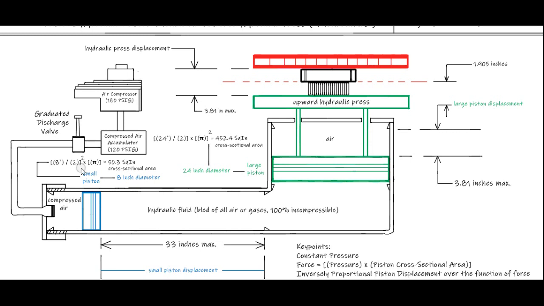You then have a metering valve that discharges the compressed air somewhere else or back into a refill zone that has the air filtration. It could go back into the atmosphere or into an accumulator, secondary accumulator, and then the weight and the lack of pressure at the small piston then graduates the hydraulic press to come down in a smooth and controlled manner.